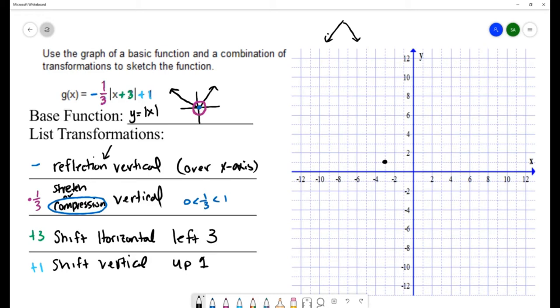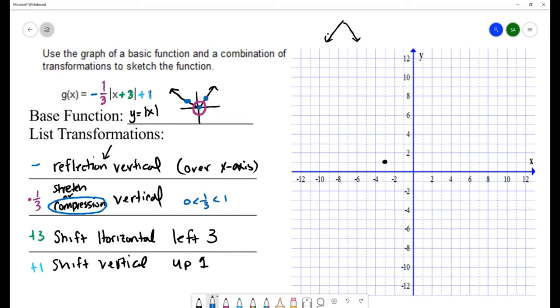And then the stretch, excuse me, this is a compression. This compression is going to compress vertically, so all of my y values are going to be multiplied by 1/3. Let me explain that in a little bit more detail. If I go back to this graph here, my base graph, we know where that corner occurs.